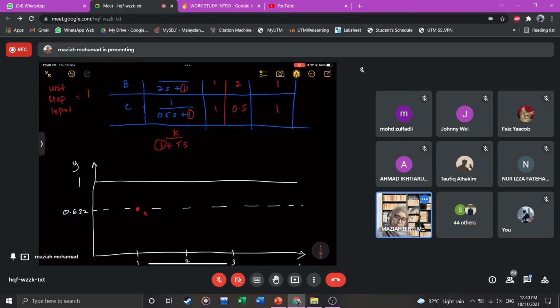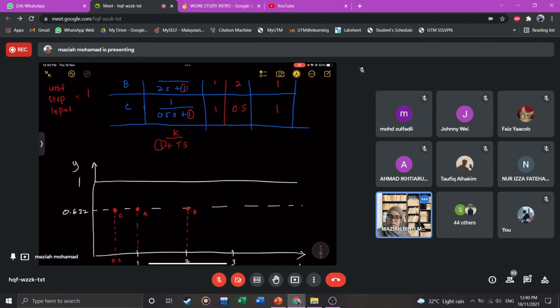This is A because it reached at 1 second. This is B, reaching 0.632 at 2 seconds. And then there is another one at 0.5. System C will reach at 0.5 second.